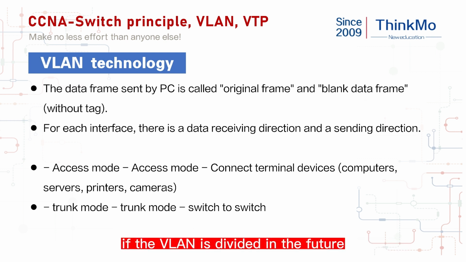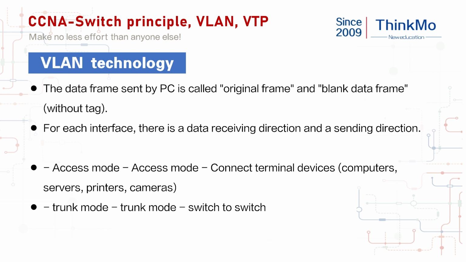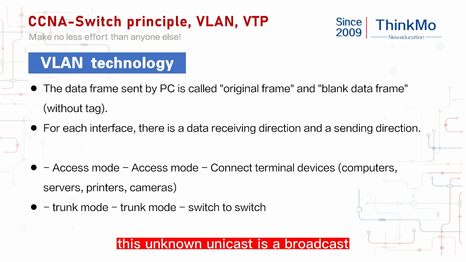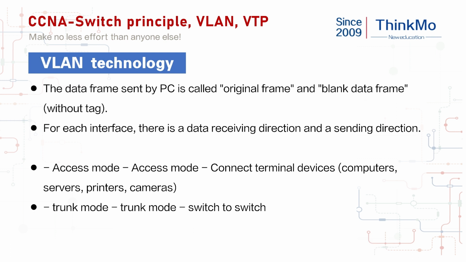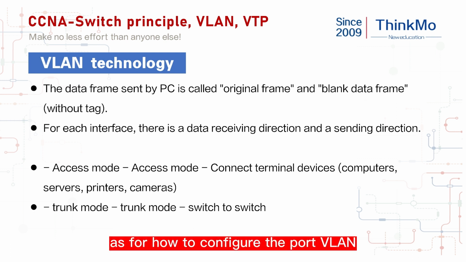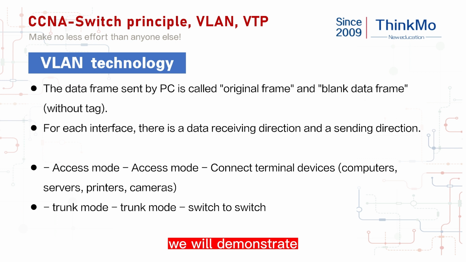If the VLAN is divided in the future, and an interface has received data, for example an unknown unicast or a broadcast, it will only flood the ports belonging to this VLAN. As for how to configure the port VLAN, we will demonstrate.